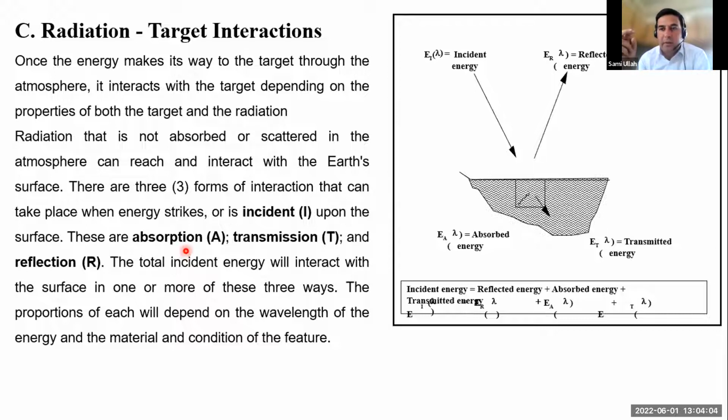The radiation reflected from the surface interacts again in the atmosphere, and then reaches the sensor which is present in the satellites. But some of the radiation which is absorbed by the objects is re-emitted in the form of thermal radiation, which we call heat energy.